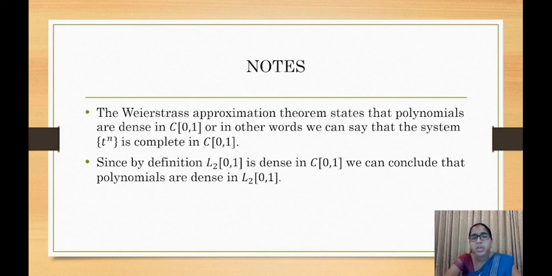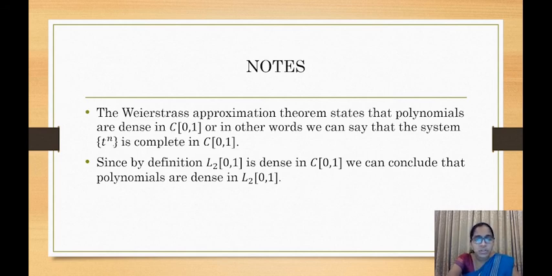The Weierstrass approximation theorem states that the polynomials are dense in the space C[0,1], the set of all continuous functions from 0 to 1. Or in other words, we can say that the system t^n, this is the basic form of polynomials, right? When n is 0, we get t^0, that is 1. Then we get t square, t cube, and so on. So that is the basic system of the polynomials.